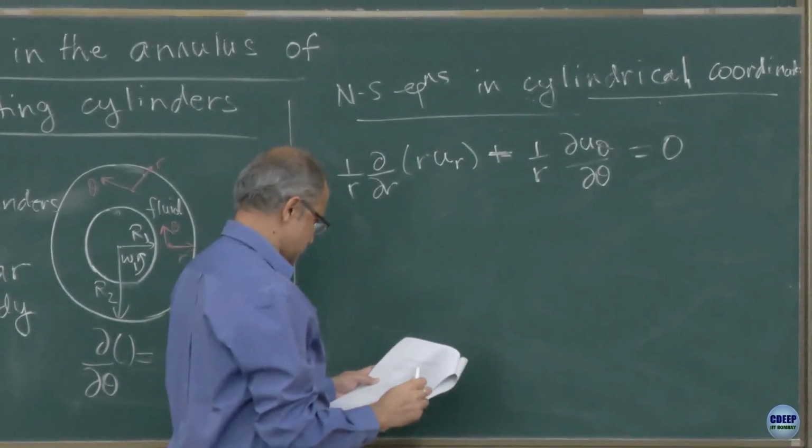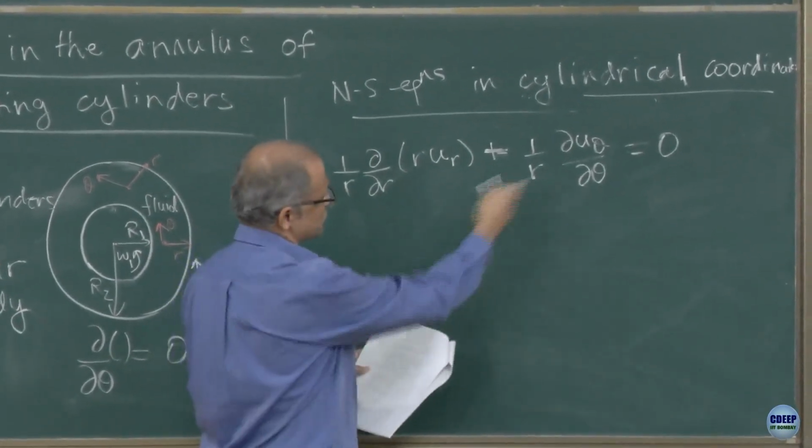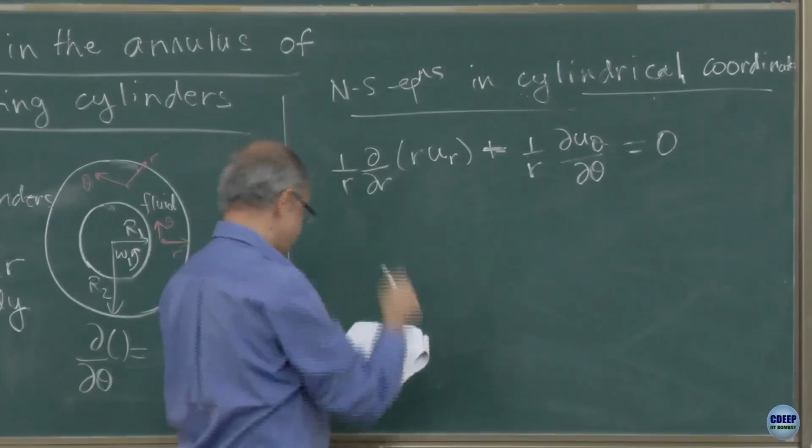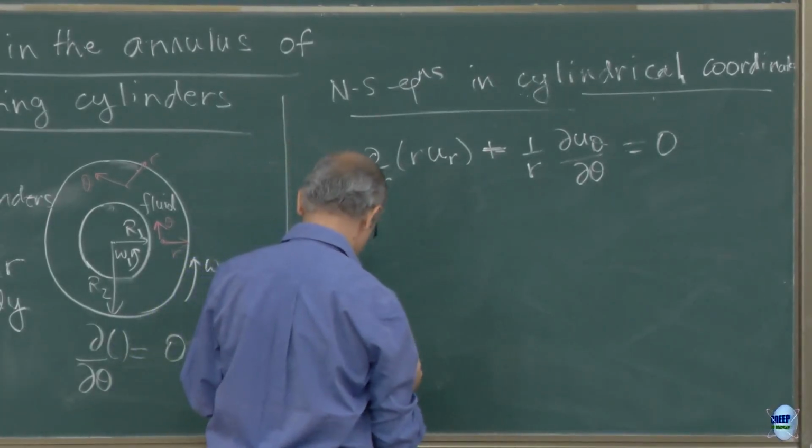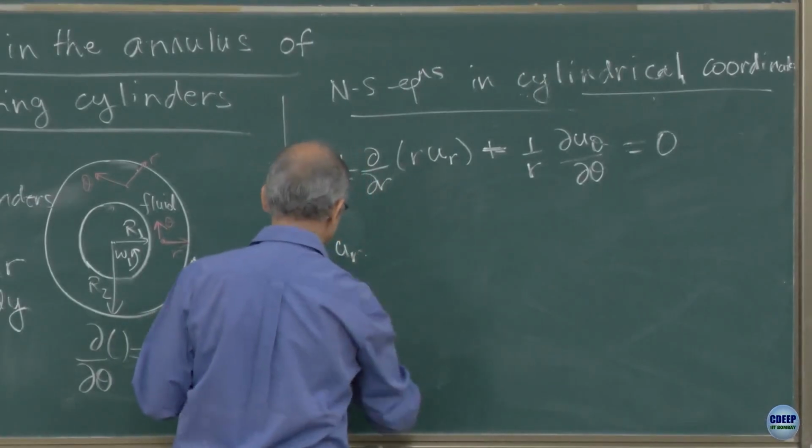Okay, now when we go to the r and theta, I'm not going to write out any uz terms. And I'm going to get rid of the unsteady terms here as well. U r.